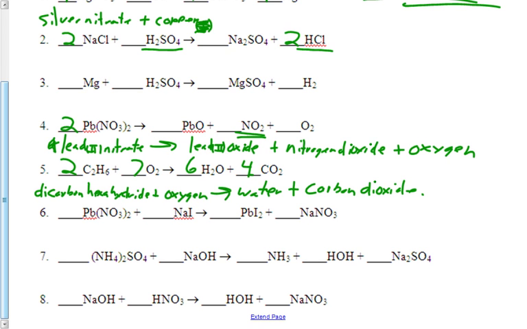Then you can go to the nitrogens and say, all right, I've got 4 nitrogens here, because this 2 means 2 times 2 more is 4. So 4 goes there. Balance my leads, 2 here. Now I can balance my oxygens. I have 12 oxygens on the reactant side. Over here, I have 2 plus 8 is 10, plus 1 is 12. Plus 2 is 12. But a 1, you get what I mean.